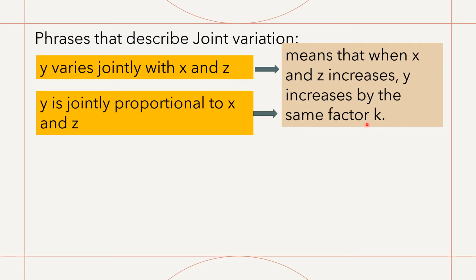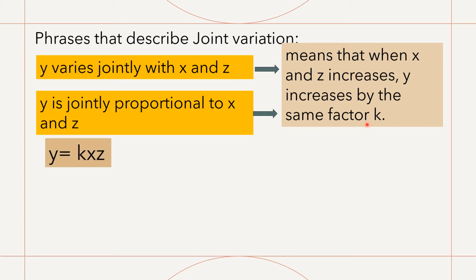Because in direct variation, when x increases, y also increases. Here, it is the same. When our x and z increase, the value of y also increases. The value of y depends on x and z, and they increase or decrease by the same factor, k, or the constant of variation.